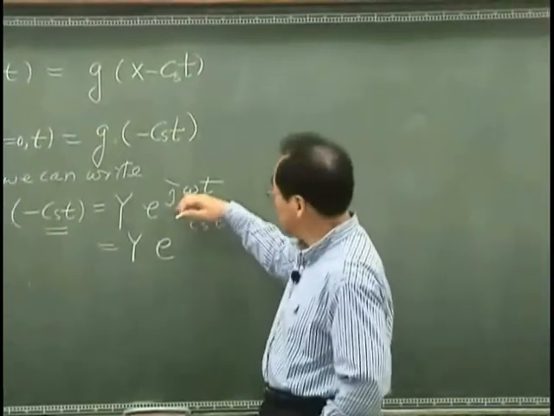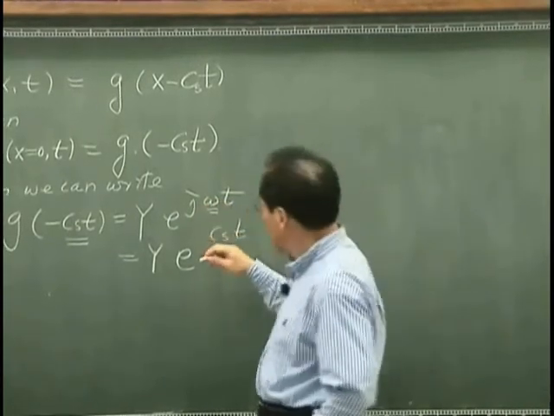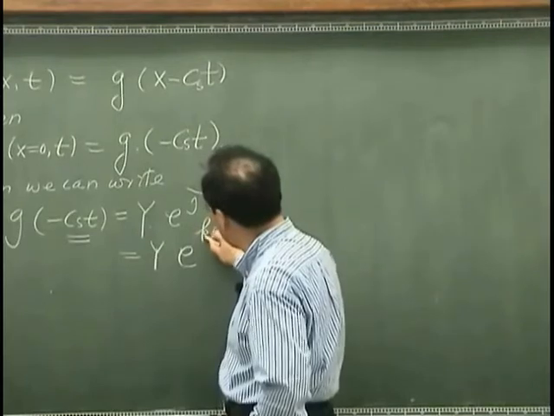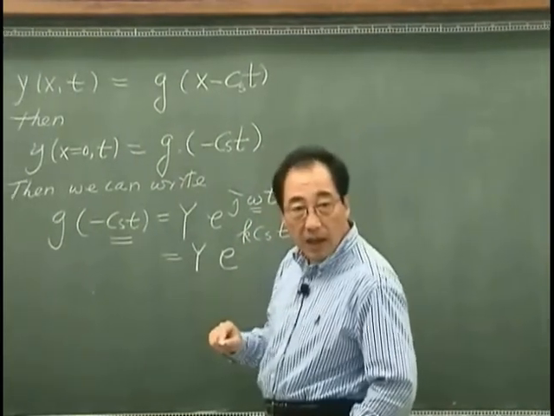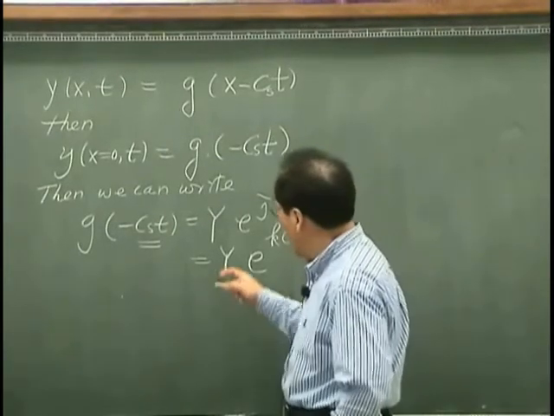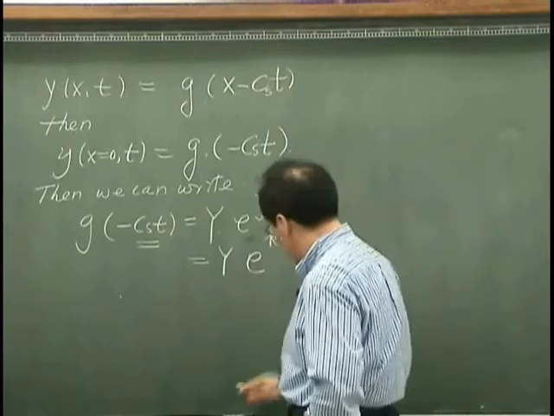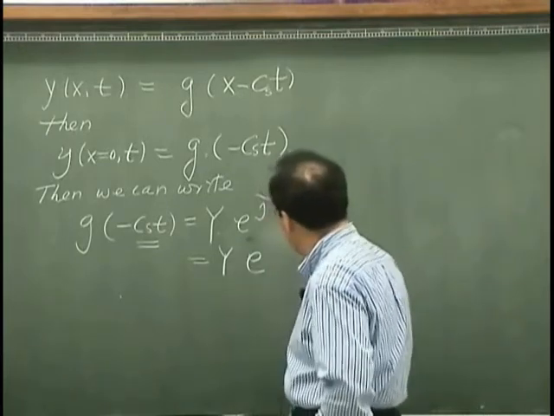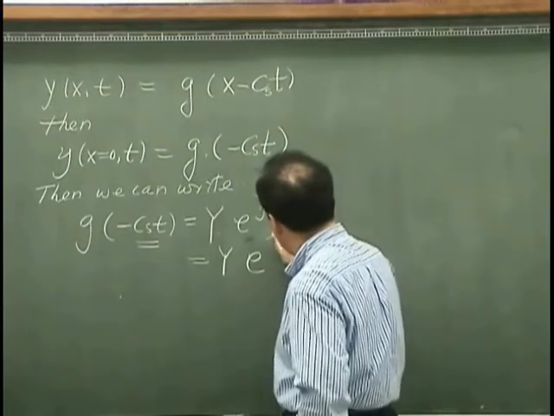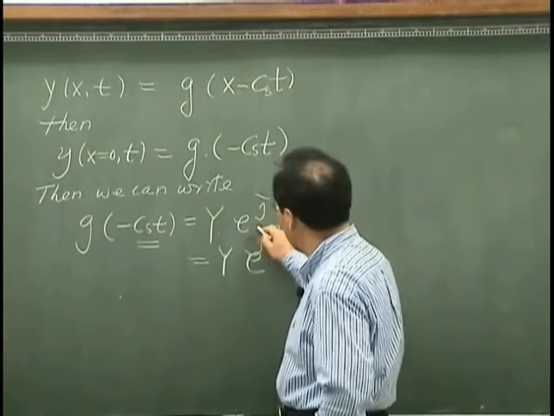But this has to be the same as this. To make it the same, I should put some constant over here, k. Okay, and this is minus, so I put the minus. Okay, sorry, write again over here, minus c_s t and k, and I need j.